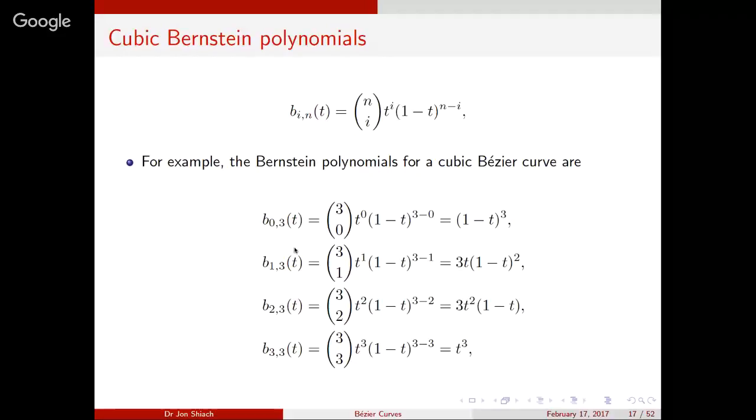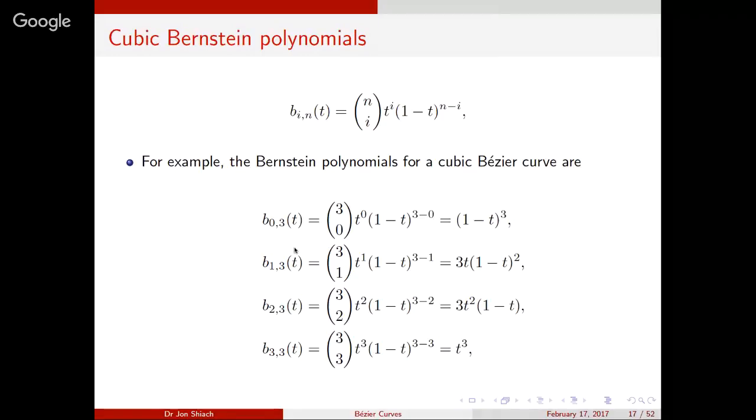And then (1 minus t) to the power 3 minus 0 simplifies to (1 minus t) cubed. Okay, n choose 1 is 3. t to the power 1 is obviously t. (1 minus t) to the power 3 minus 1 is (1 minus t) squared, sorry. So we can calculate quite easily what these Bernstein polynomials are, and I've got 4 of them.